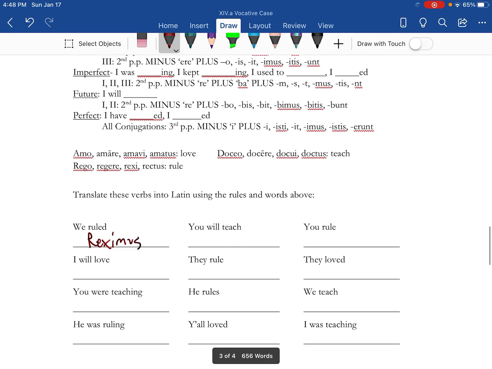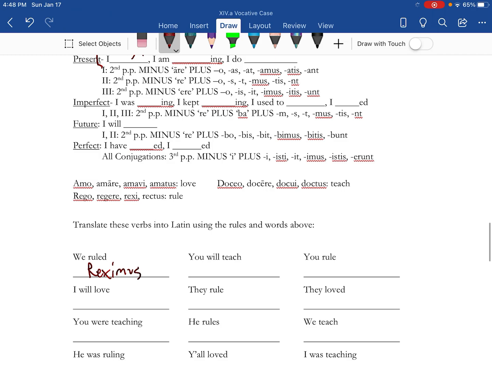You will teach is future tense. All right, doceo, the eo is long, second conjugation. So it says future for first and second conjugation, second principal part minus the re. So that's doce. And then plus bo, bis, bit, bimus, bitis, or bunt. You will is going to be bis.